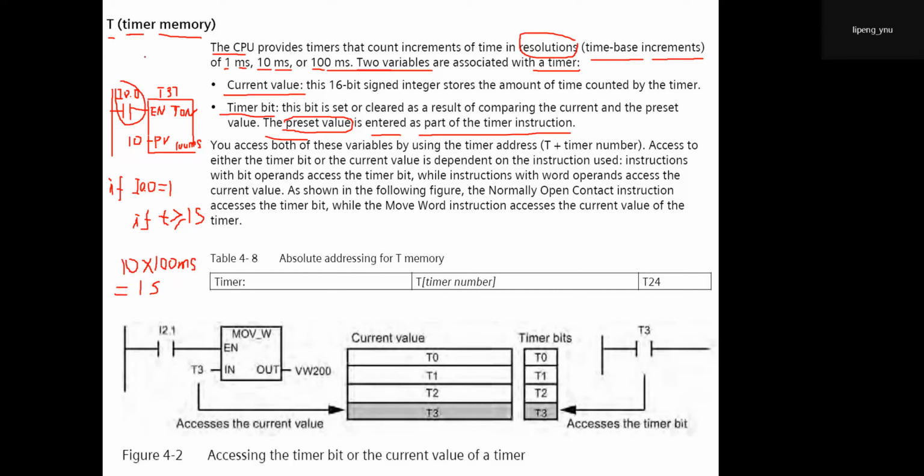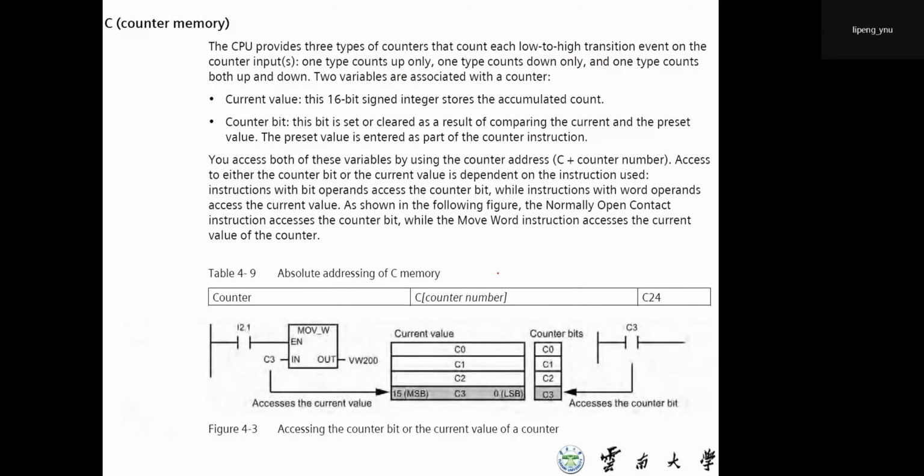The timer 37 will equal 1. So this is a timer memory. And C memory.